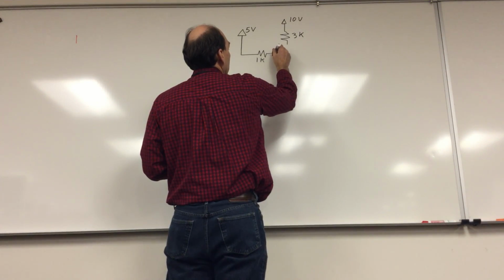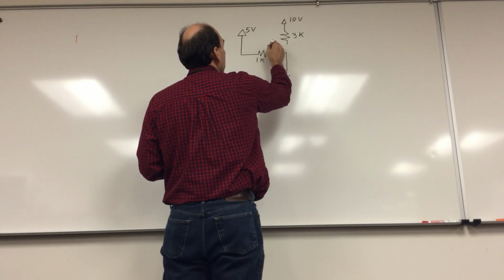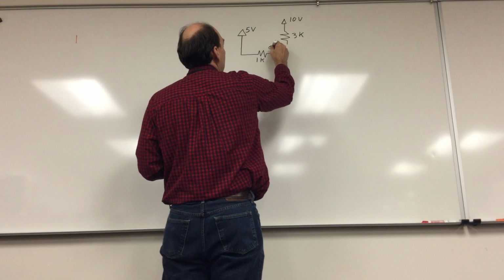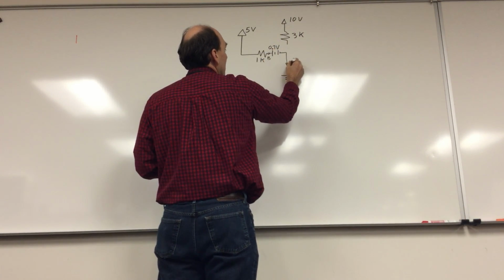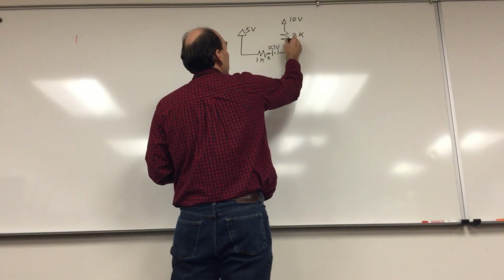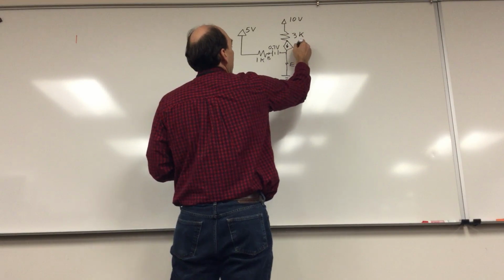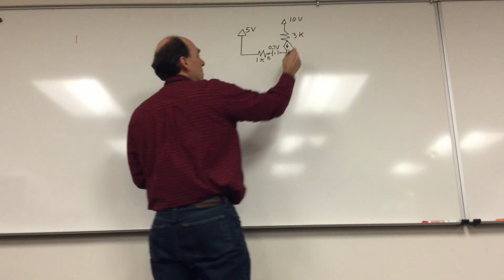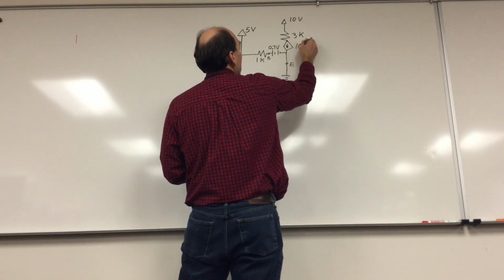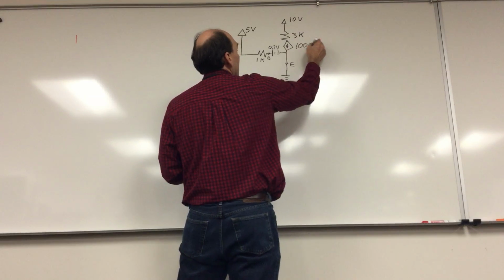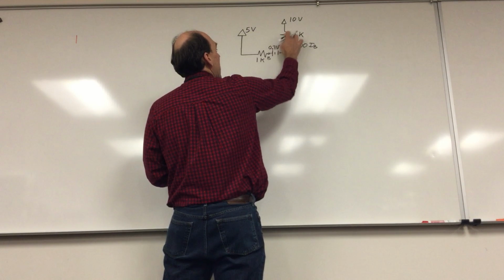That model is a 0.7 volt drop from the base to the emitter, and then there is a dependent current source of beta IB. The beta for this problem will be 100. So our current source is beta IB.